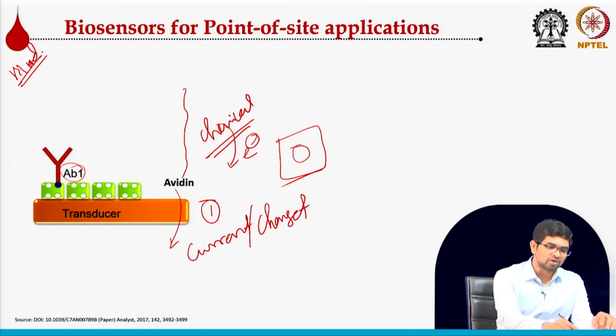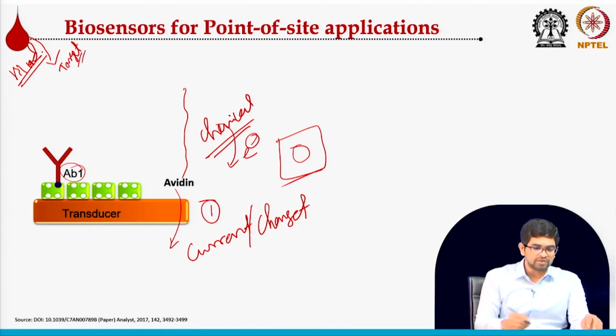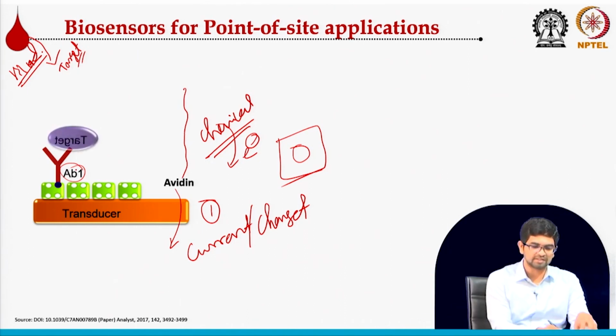Okay. So, the blood sample contains your target, your disease marker, right. That is called the target. If you drop your sample on the sensor surface, then that target will be on your surface, because there is an antigen antibody interaction.